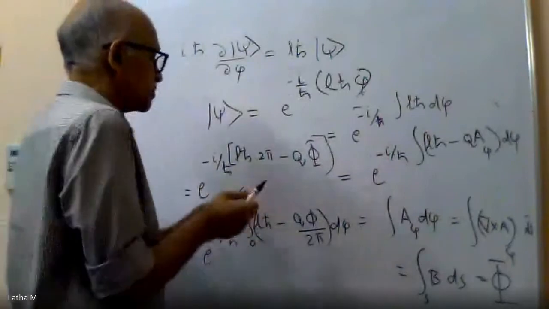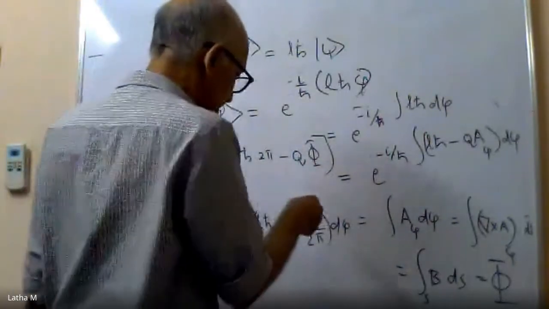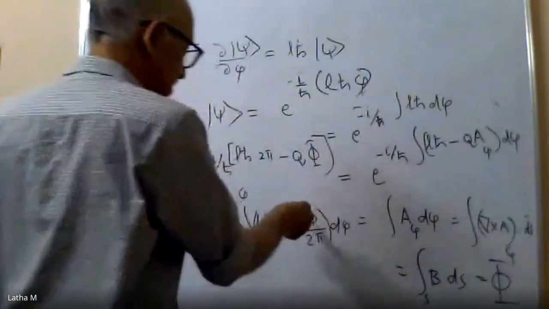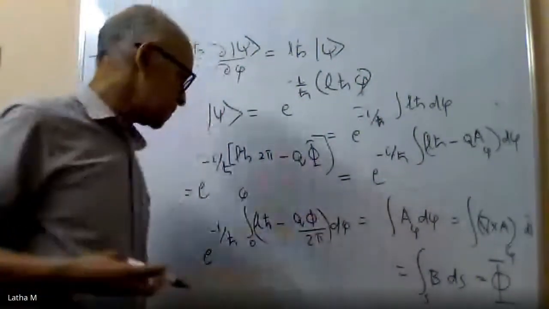I'm writing this expression because on a full circle of integration, this gives 2 pi, this will cancel with this and we get this result.